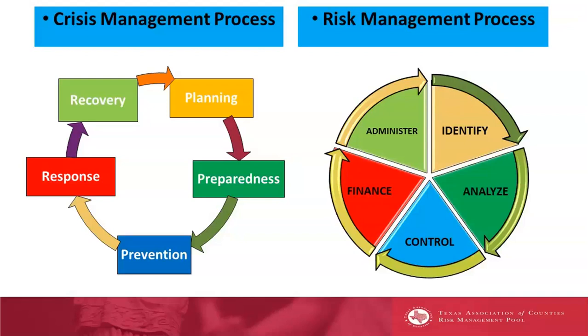This is one of the most important steps because if you cannot identify the threats or the hazards, you can't do anything about them. The second step of crisis management is preparedness, and it includes analysis. In the risk management process, the second step is also analysis.